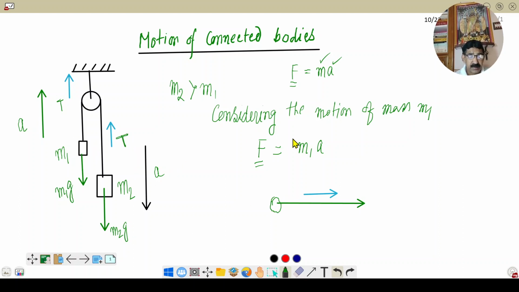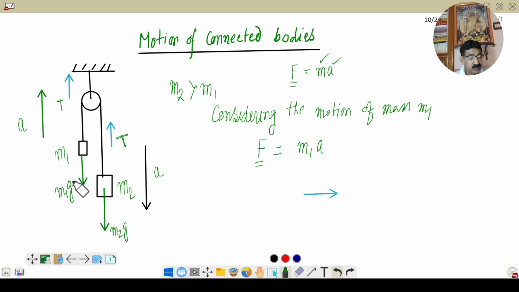Now consider M1. Considering the motion of mass M1, F is equal to M1 into A. F is equal to total external force acting on M1. So what is the total external force acting on M1?